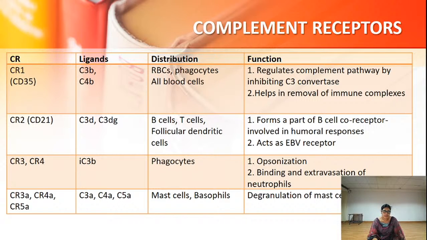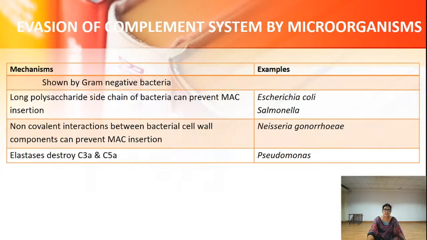Which part of the cell the receptor attaches to, we need not remember much, because whatever receptors are present will be named CR1 to 5. CR1 is the major complement receptor. If you can remember that, it is enough for the theory exam, it is not so important.